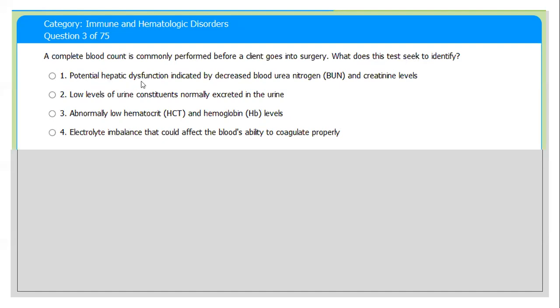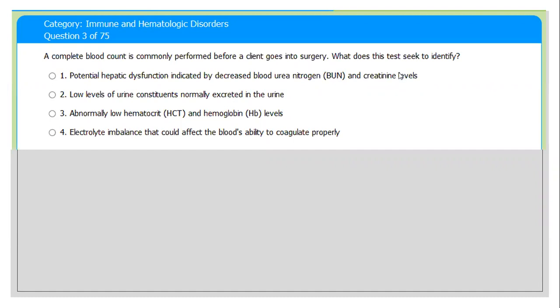potential hepatic dysfunction indicated by decreased blood urea nitrogen. So this question says hepatic means liver. If there is liver dysfunction, we check liver function enzymes like AST and ALT, not BUN, blood urea nitrogen, which is impaired if my patient has a kidney problem.